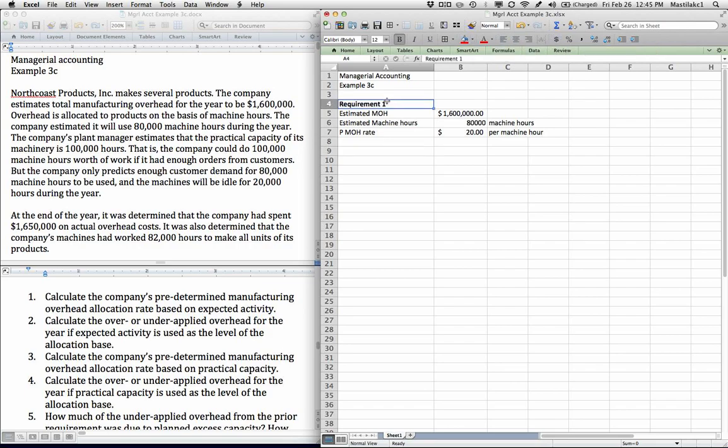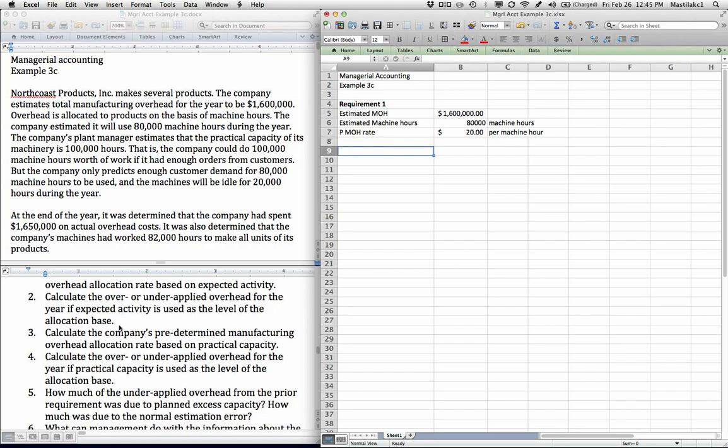Requirement 2 says to calculate the under or over applied overhead for the year if the expected activity is used and our $20 per machine hour rate is what we have. So to calculate under or over applied overhead, the first thing we have to do is calculate the total overhead applied, which is going to be based on the predetermined manufacturing overhead rate of $20 per machine hour.